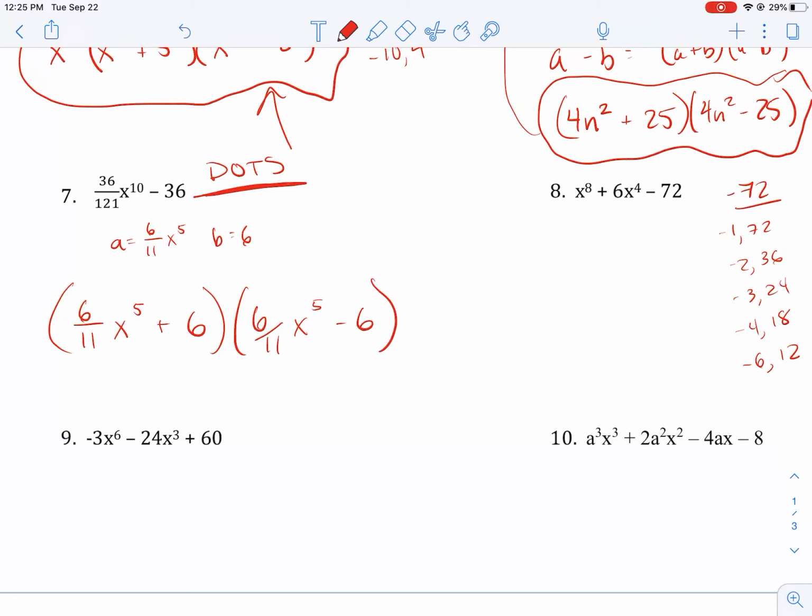Okay, and so I'll stop right there because I've just found our solution, right? What two numbers can I add together to get a positive 6? Right there. And I don't even have to change the signs, right? But I do always put that negative sign in the front just to remind myself that I need to keep that. Okay, so because there's no leading coefficient, we don't need to do factor by grouping. So we're going to go x to the 4th minus 6, x to the 4th plus 12. And that is our answer.